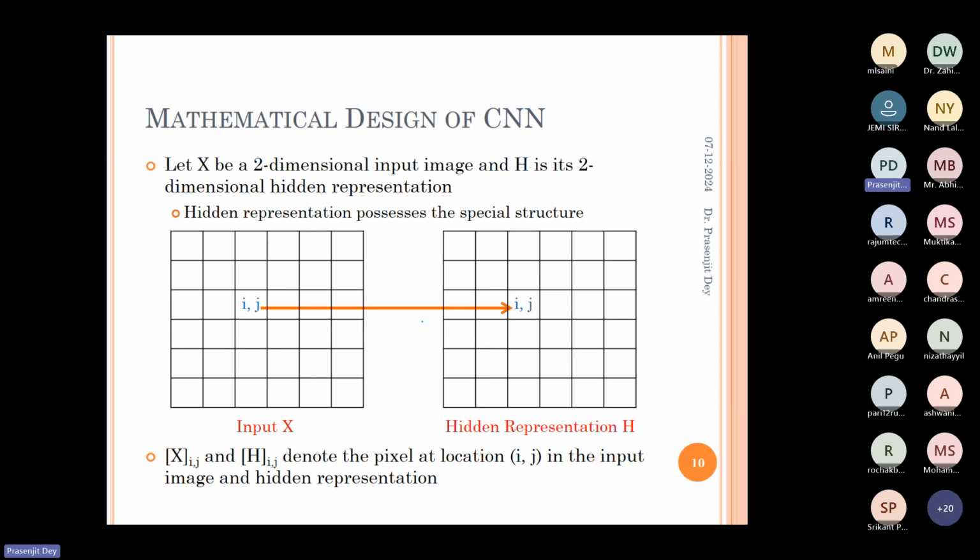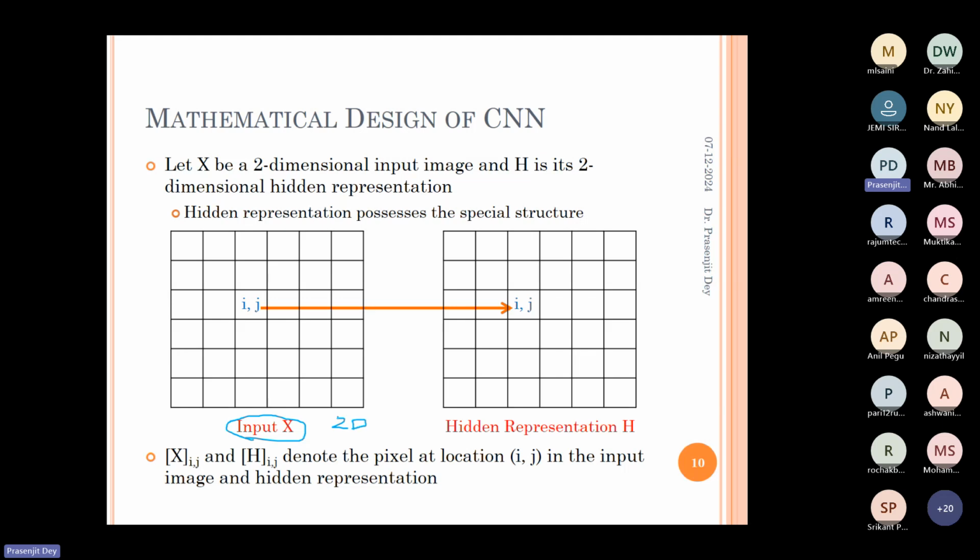Till now, I am not going into the mathematical detail of it, but what I can tell you is that in the convolution layer of a convolution neural network, the input image is not a 1D image. Input here is a two-dimensional entity.